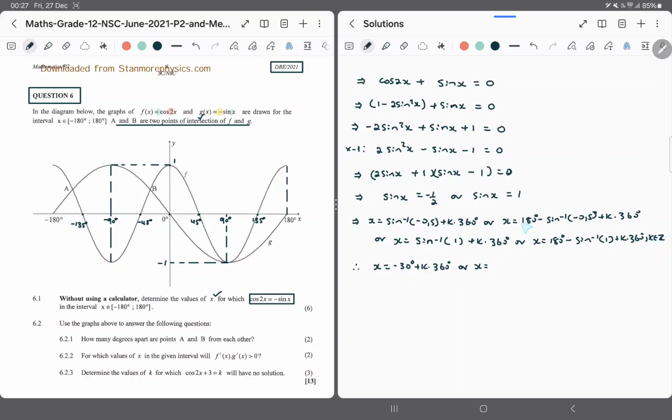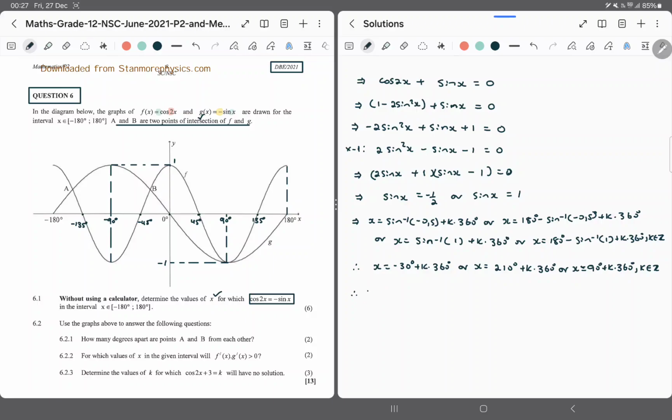Or x is, this is 180 plus 30, this is going to be 210 degrees plus k times 360 degrees, or x is going to be, if we look at this, this is 90, so it's the same thing. So this is 90 degrees plus k times 360 degrees, where k is an element of integers.